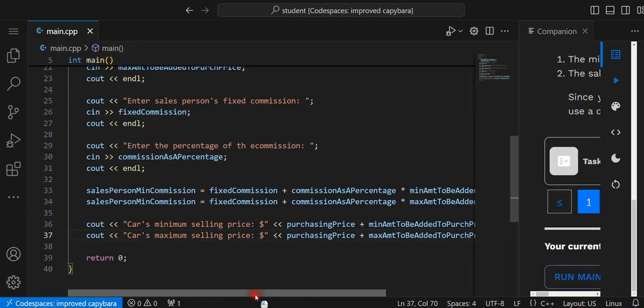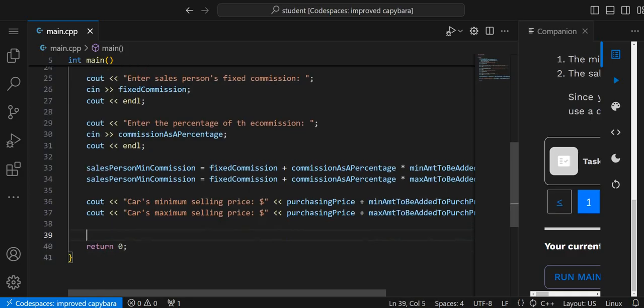The last thing we'll do, we'll type up the last one. It's a long one too. So salesperson's commission range, dollars.